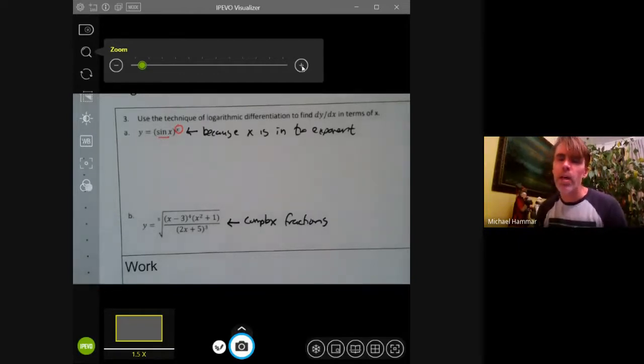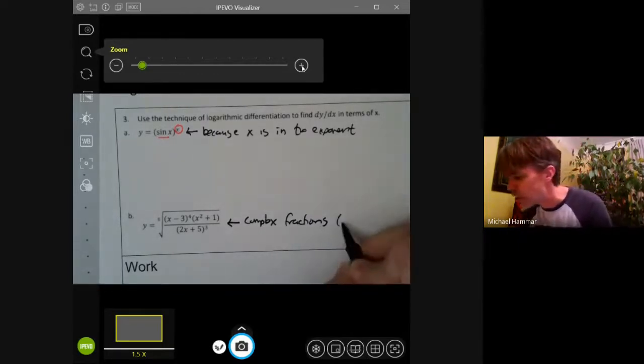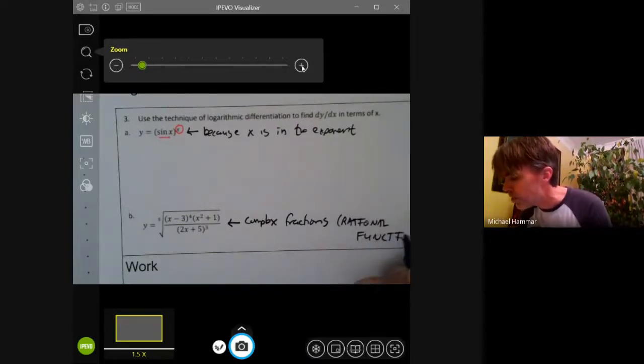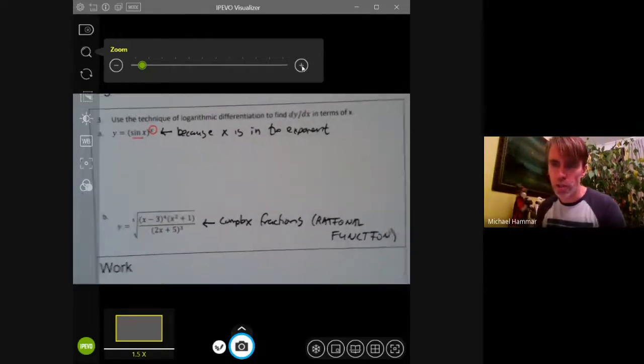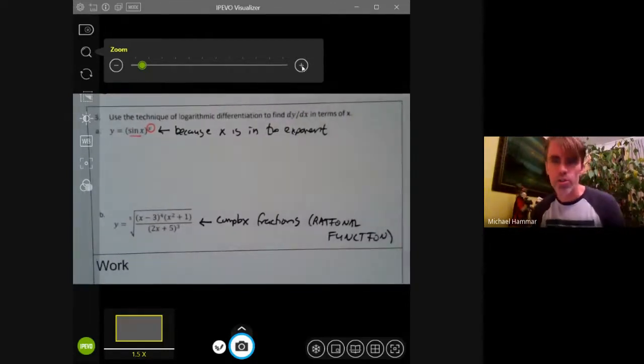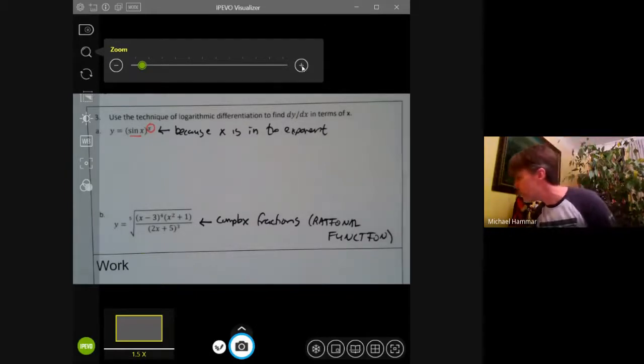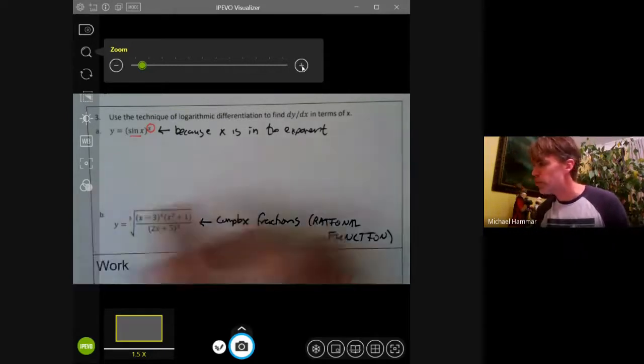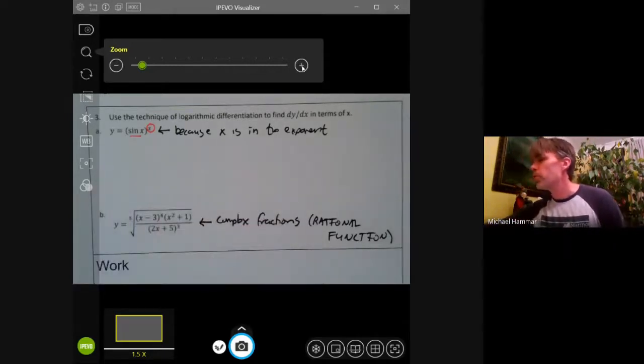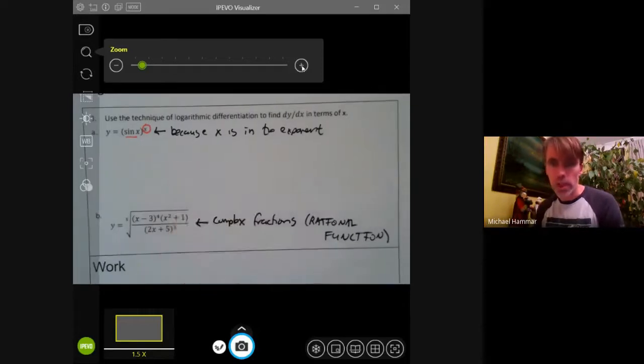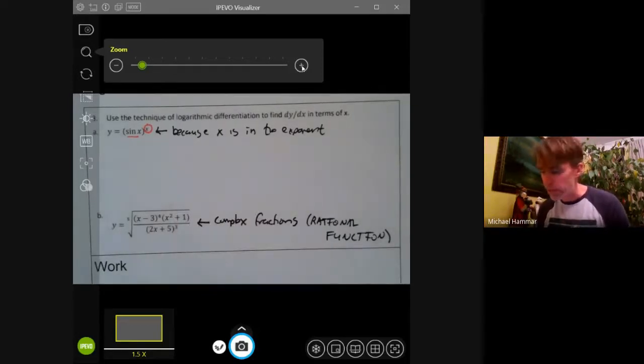Whenever you get a complex rational function like this, you're going to want to do logarithmic differentiation. There's just no getting around it. We're going to start by doing the first problem and figure out the derivative for this. Then I'm going to show you the really complicated one, and how logarithmic differentiation allows us to do that a little bit easier.